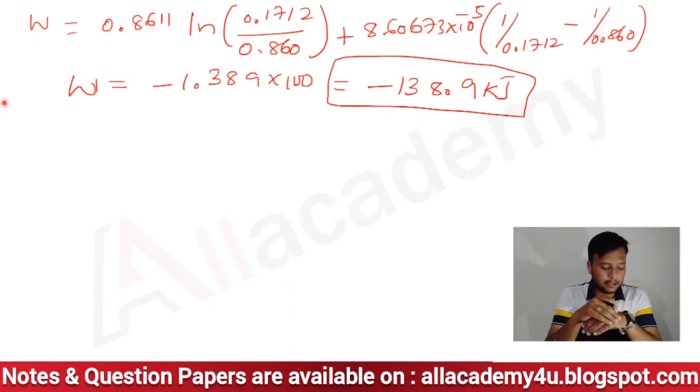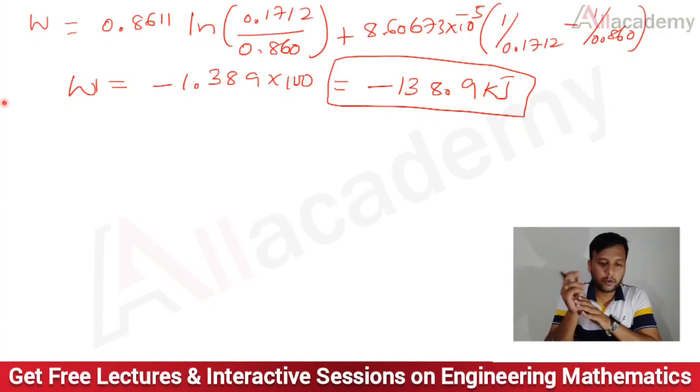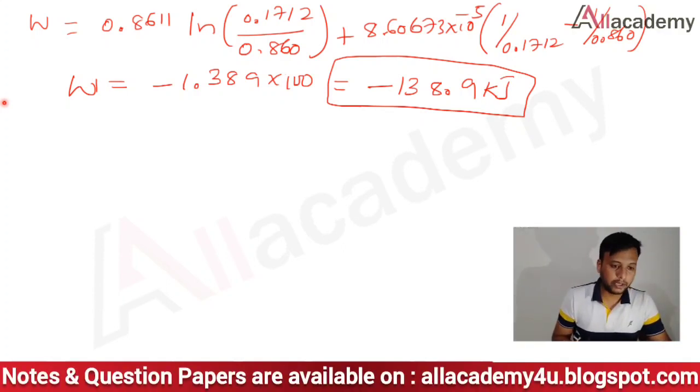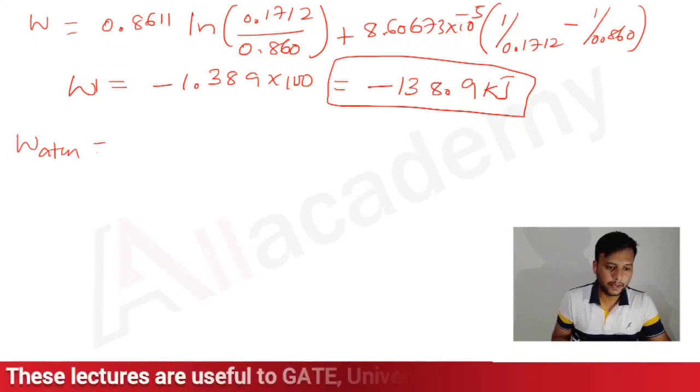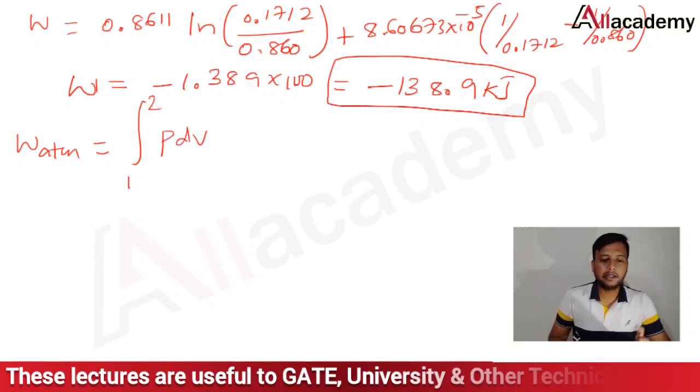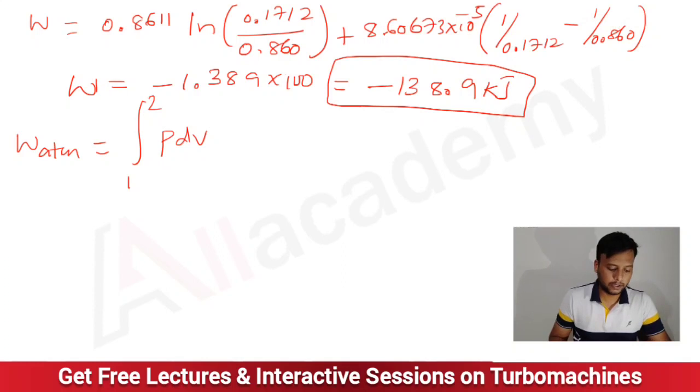Now next he says that when the pressure of one bar is acting on the other side of the piston, I need to calculate the atmospheric work done. I'll consider it as the work done W atmosphere. Then it is given by the integral from V1 to V2 of P into delta V. Now it is that 1 bar pressure is acting, so I'll consider P into V2 minus V1.